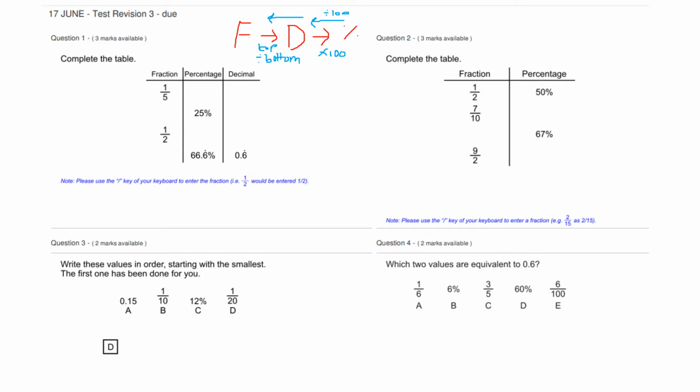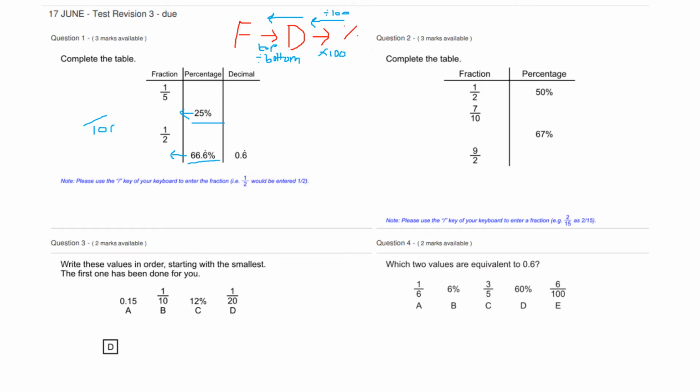You tend to, if you've got that as a percentage, you want it as a fraction. If not, you can write it as a fraction over 100, because percent means per 100, and then simplify it down.